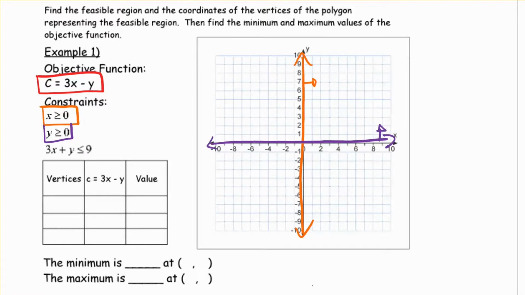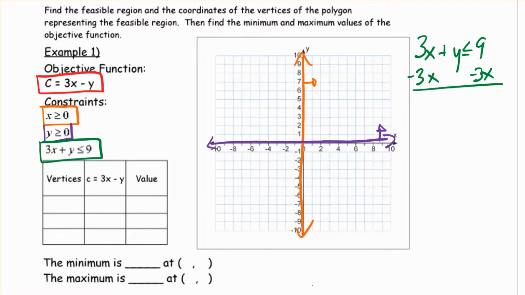And then we've got another line, 3x plus y is less than or equal to 9. So let's do that over here. We can put this in slope-intercept form in one step by subtracting 3x from both sides.